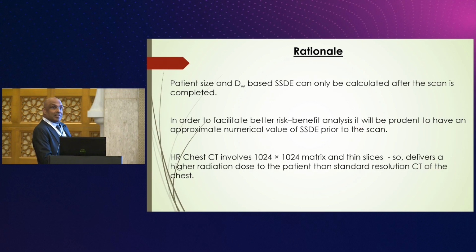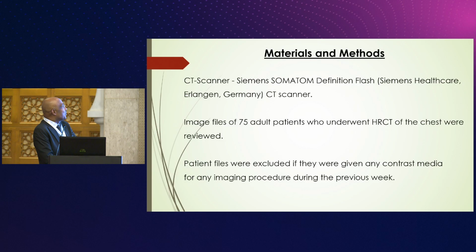So we chose high-resolution chest CT because it is a large matrix imaging process with thin slices, so it actually delivers much higher radiation dose than standard resolution CT scans. So we wanted to look at what the difference would be and whether we can use size-specific dose estimates from SCOUT view. The study was done on a Siemens Somatom Definition Plus.